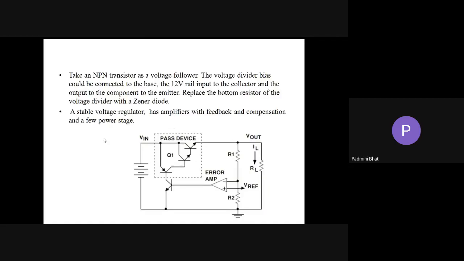So you go for a voltage divider and connect that to an NPN transistor, taking it in a voltage follower configuration.